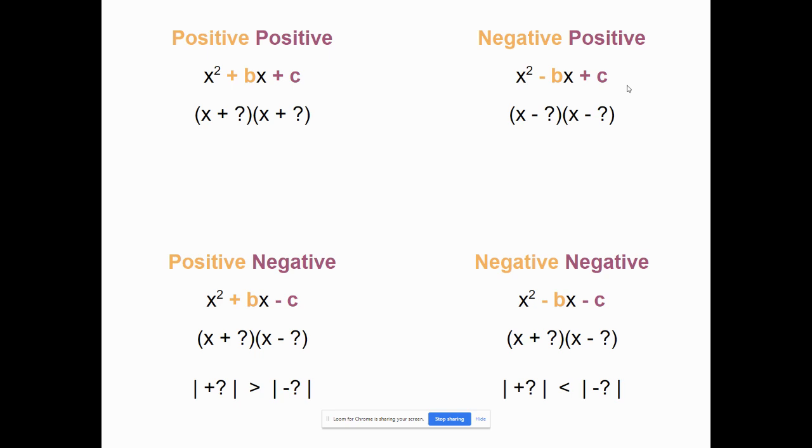But you should expect for your homework tonight that they will work neatly. Right? If you can't find an answer, you probably need to try again. In the future, you might find some that don't factor neatly, and we have other methods to deal with those. But for now, assume that you will be able to come up with whole number, integer factors to solve these.